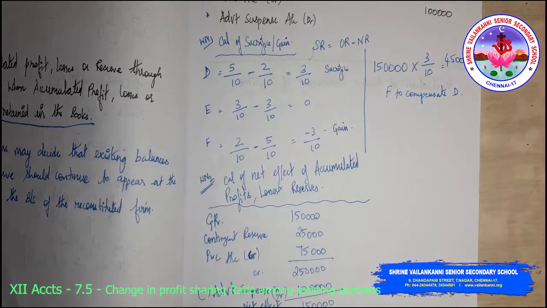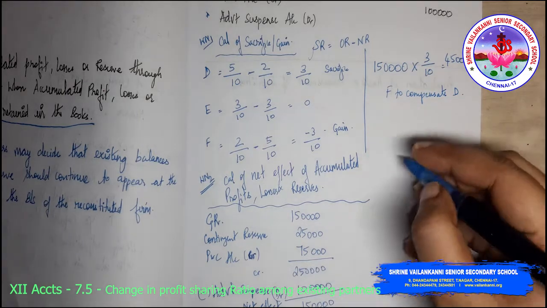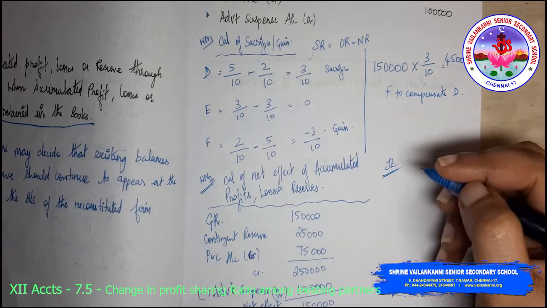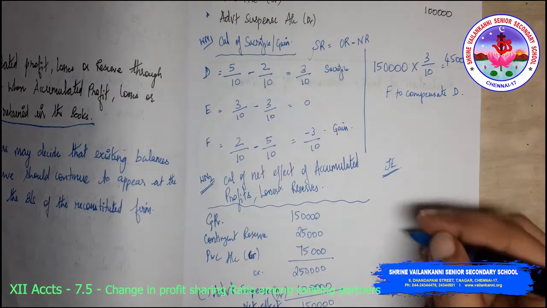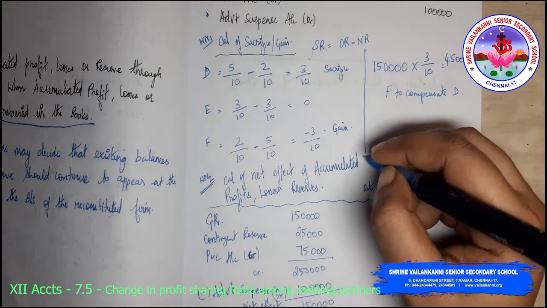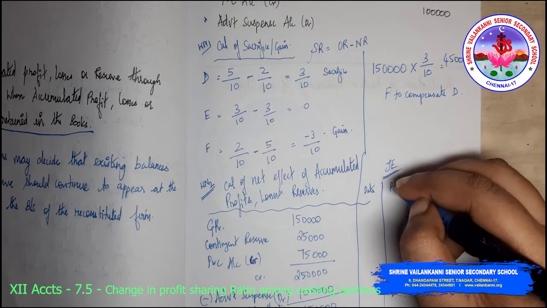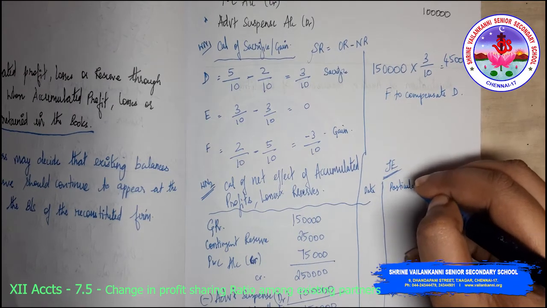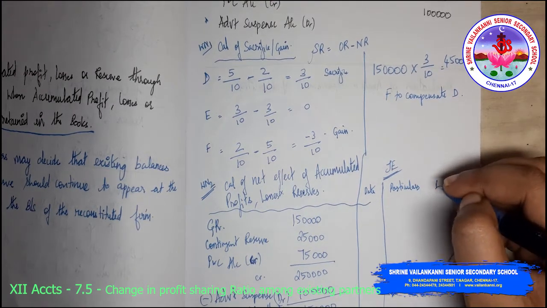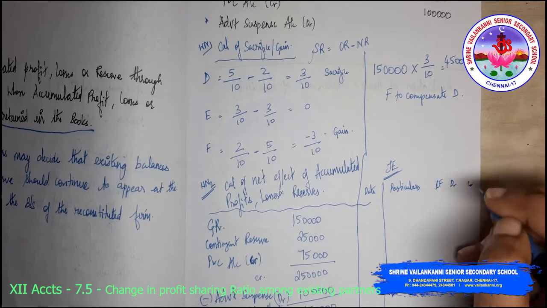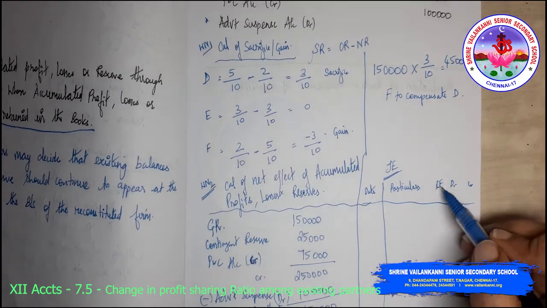Okay, so I'm going to write the journal entry: date, particulars, LF, debit, credit. So this is going to be the format.